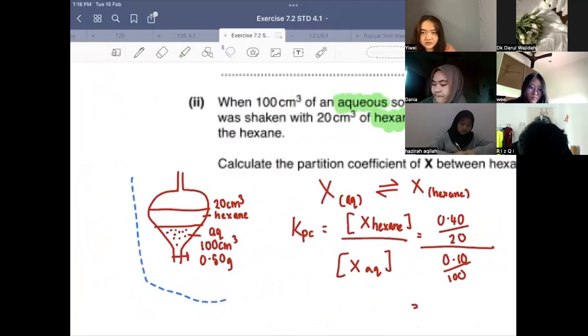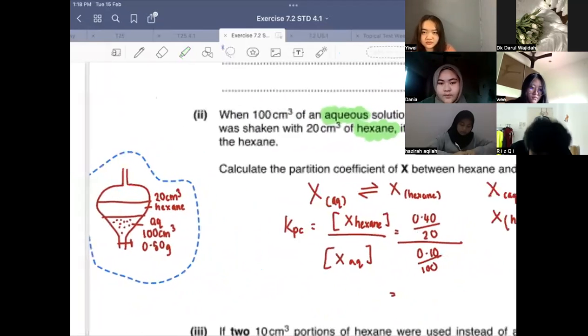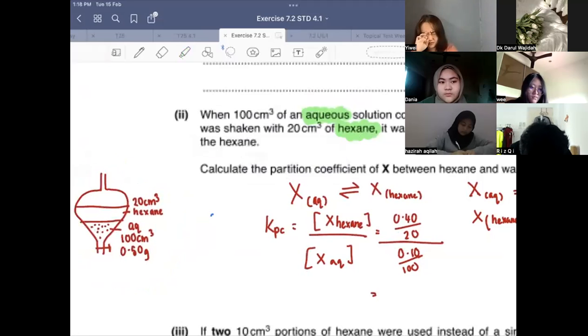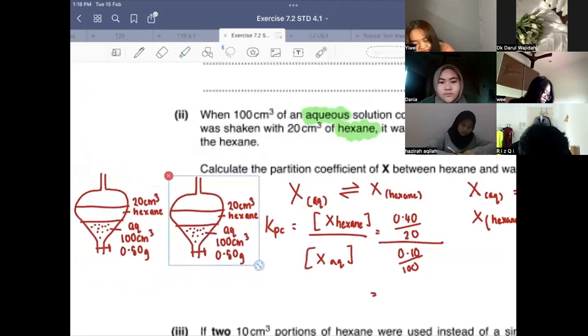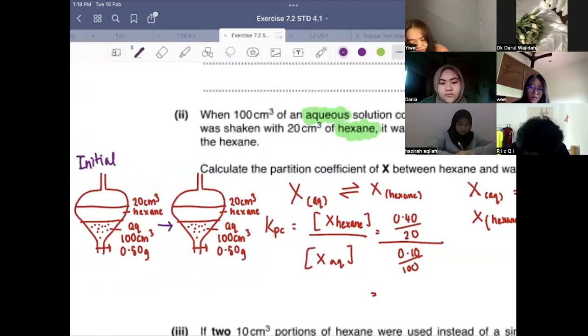I have only prepared the initial drawing, but no problem. If you want to do the initial and then at equilibrium is also fine. But of course, at equilibrium, or after shaking, it's the same thing.